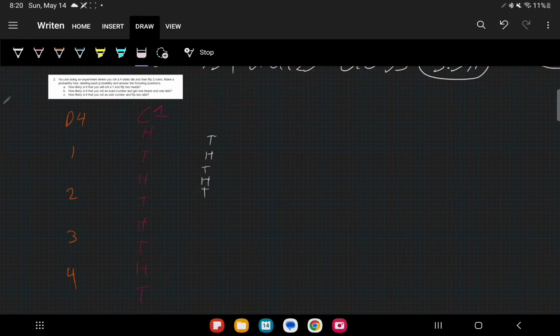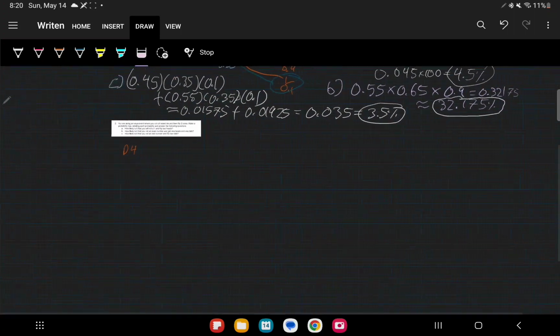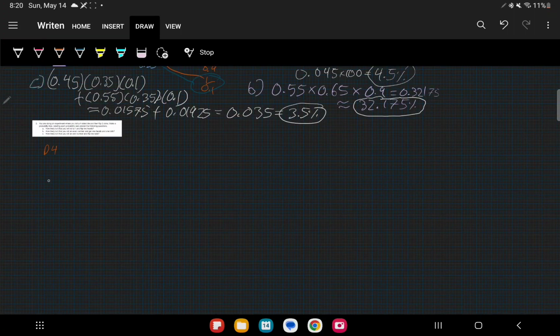Okay, let's clean this up a bit. Let's space it out a little bit more. So I'm going to zoom out more. So 1, 2, 3, 4. So you can see this is going to be a big tree, right? So make sure you give yourself some room.